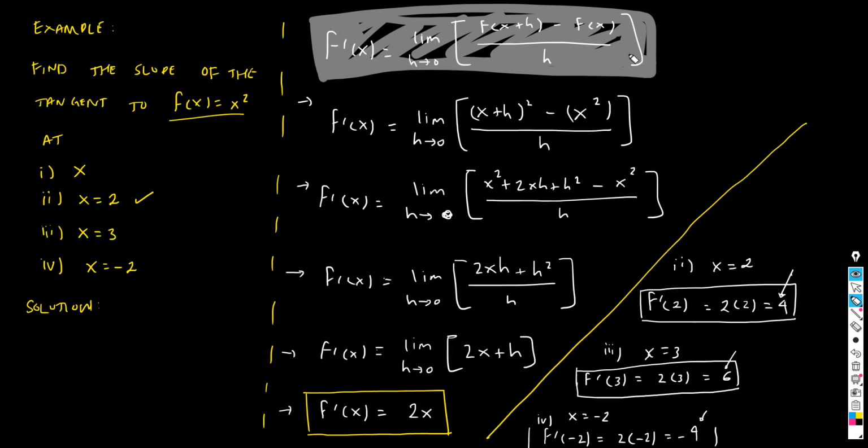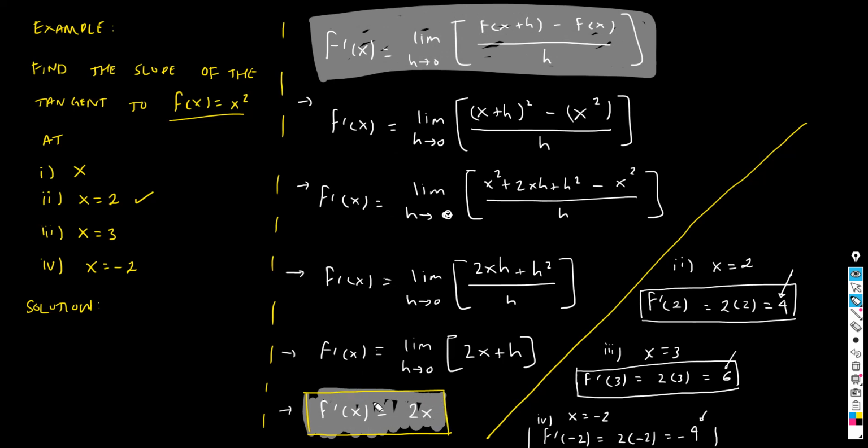Once we wrote this and we followed the steps and the algebra and so on, it allowed me to calculate this other formula specifically for the function x squared. But if I want to use any other function, then I just apply this formula accordingly with any other function that I may have, and I'm going to get a specific formula for finding the slope of the tangent of f at x, and I'm going to find something different in here, specifically for that function that you have in mind.